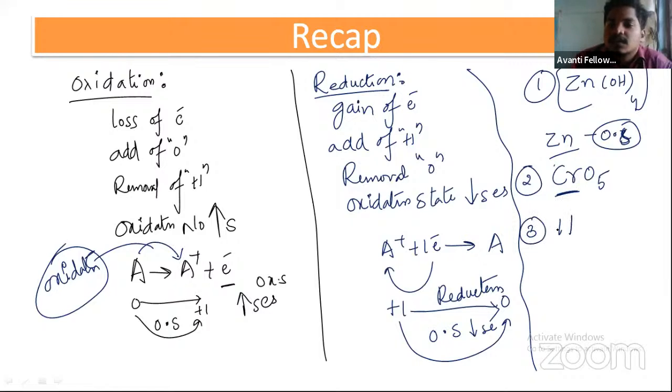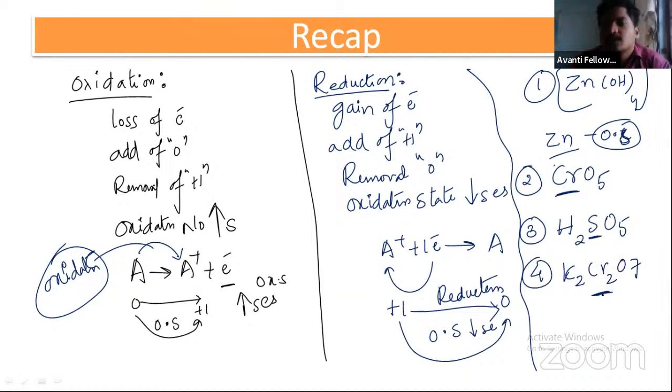Third one, H2SO5, यहाँ सल्फर का ऑक्सीडेशन स्टेट. Fourth one, K2Cr2O7, यहाँ पे क्रोमियम का ऑक्सीडेशन स्टेट.